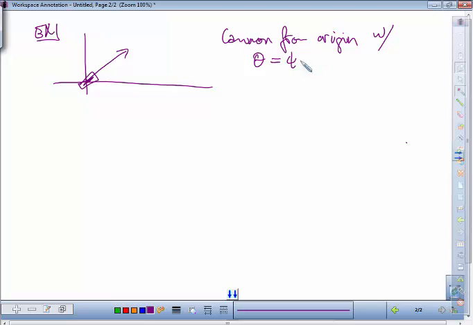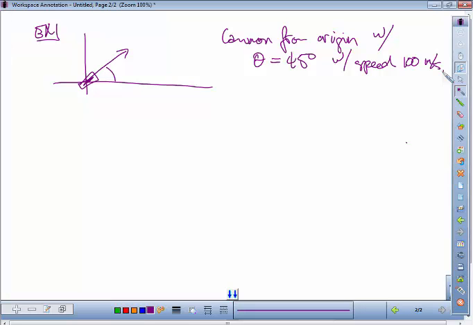45 degrees. And then a speed of 100 meters per second. So we can ask the common questions: what's the highest point, and how far will it land?